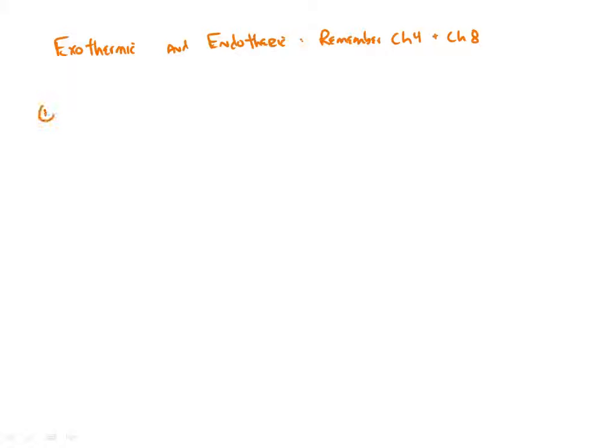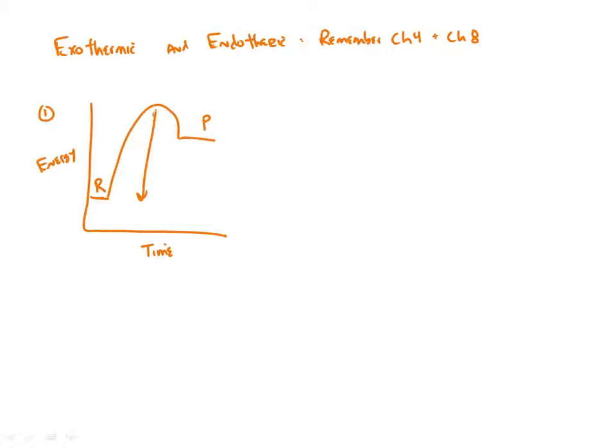The first is that the charts had a new feature added to them. So if this is my reactants, this is my products. Now the types of questions I can ask are label everything, draw the actual graph, label the activation energy, label the amount of energy released, or absorbed, I guess, in this case.